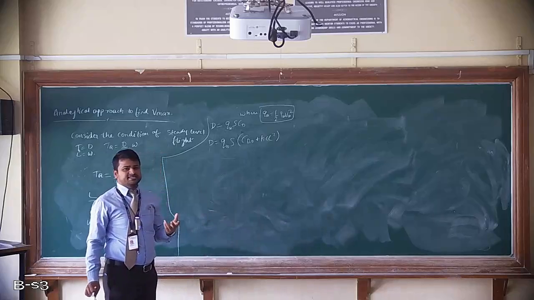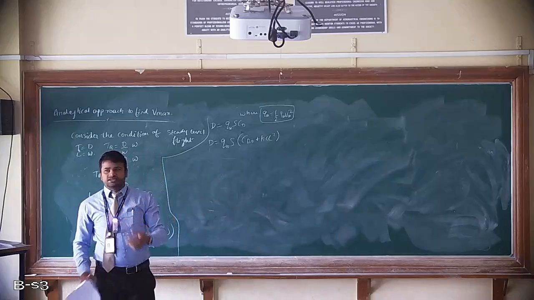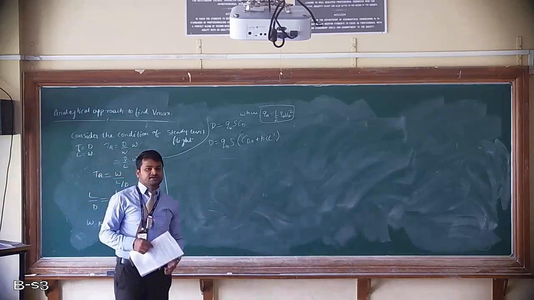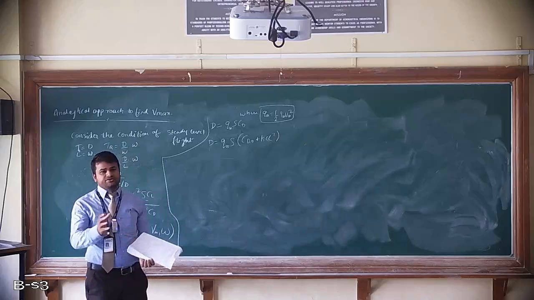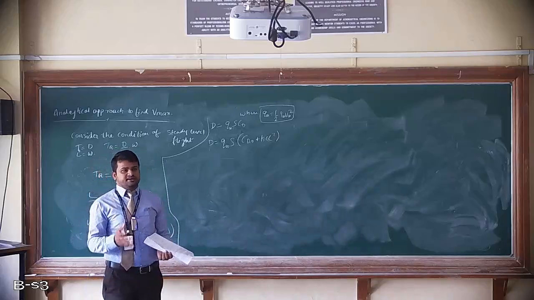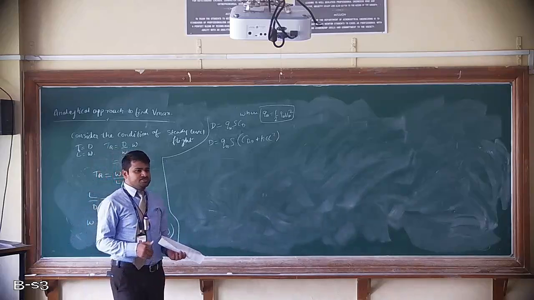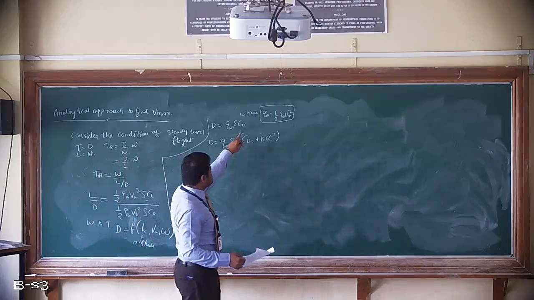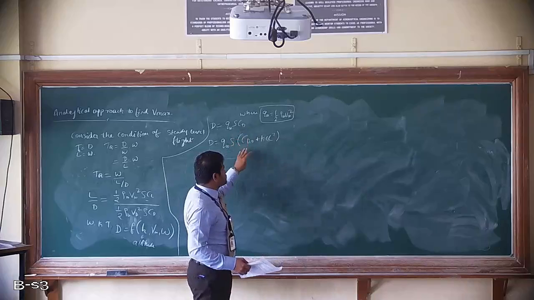Induced drag is nothing but drag which is created due to lift, and parasite drag is nothing but the drag created due to the components of the aircraft, which are opposing the airflow. That is the reason I divided the total drag coefficient into two things.